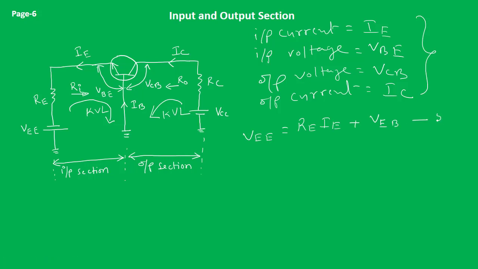Call it equation number 5. Up to equation number 4 we had in the previous slide. Now from the output section we get the output equation. Applying KVL here, we can write VCC is equal to the drop across RC, IC into RC, plus VCB. This is the equation associated with the output section.